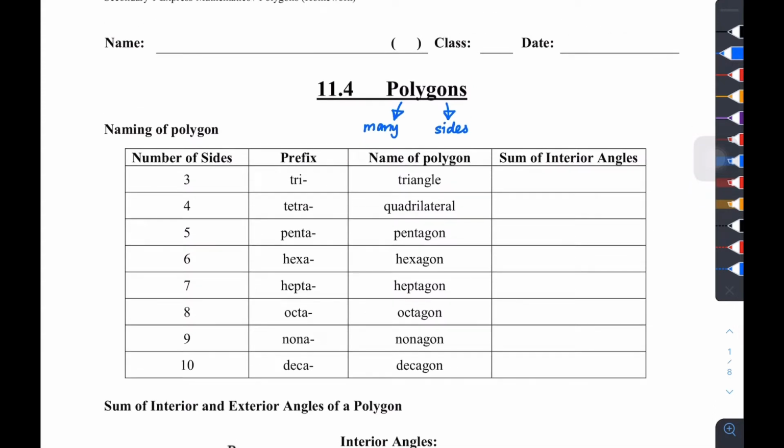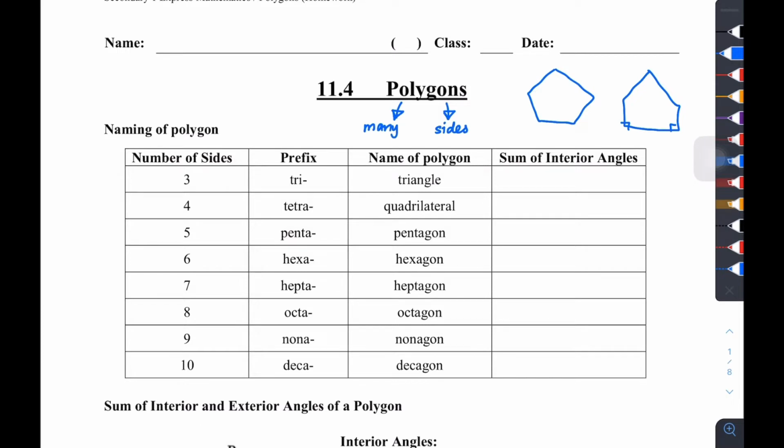Now it can be 1, 2, 3, 4, 5, and all the sides are the same. We call this a regular pentagon. It will look something like this, and it can also look like this: 1, 2, 3, 4, 5, or it can also look like 1, 2, 3, 4, 5, and then these two are 90 degrees, shaped like a house.